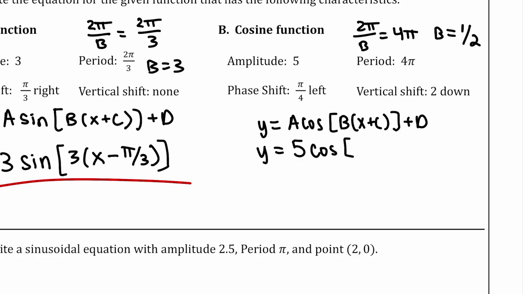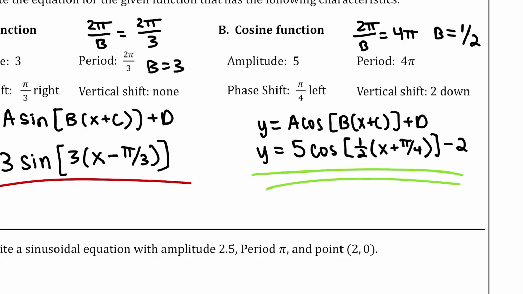Okay, so I'm going to put in 1/2, and then x, and this is saying pi over 4 to the left. So that means we're going to do plus pi over 4. Close that bracket, and then this time we do have a vertical shift, 2 down, so that's minus 2. And there we go. That's our cosine graph.